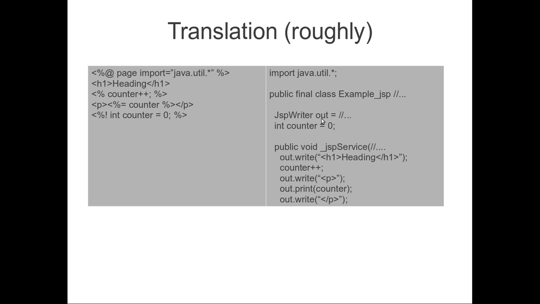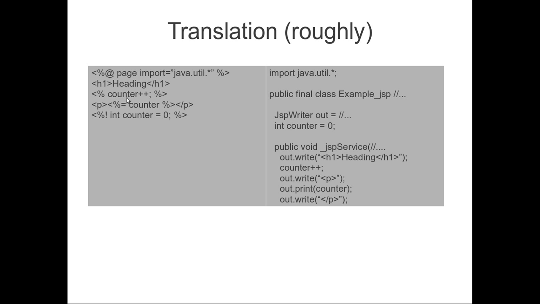Out is an object that's available to us at all times. It's part of the template, so we don't have to say response.getWriter.println. We can just say out.write, and that's what the JSP does for us for basic HTML lines. So it just copies that line over inside of an out.write.